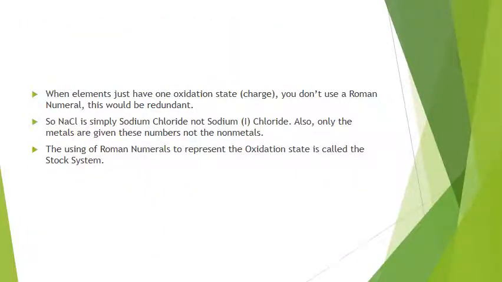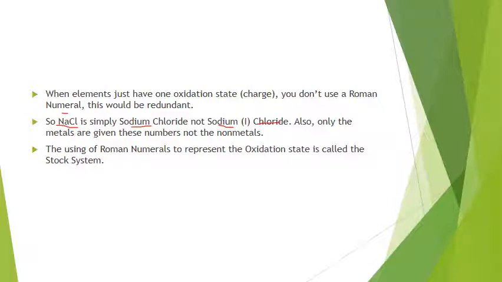When an element just has one oxidation state or charge, you don't have to use the Roman numeral. So sodium chloride is always going to be 1 plus, so it's simply sodium chloride. You don't have to say sodium 1 chloride. Also, only the metals are given these numbers. So you wouldn't put chloride 1 or chloride 2.